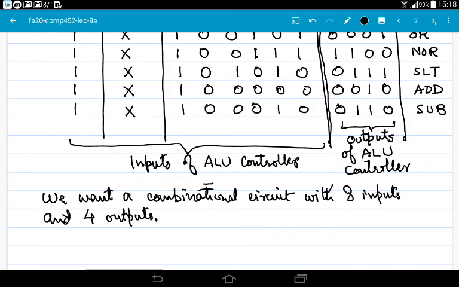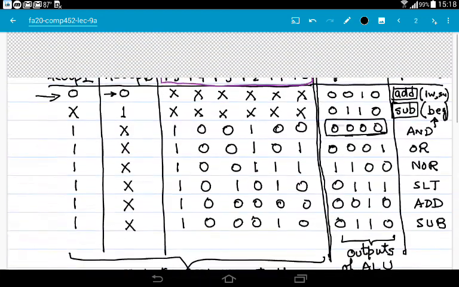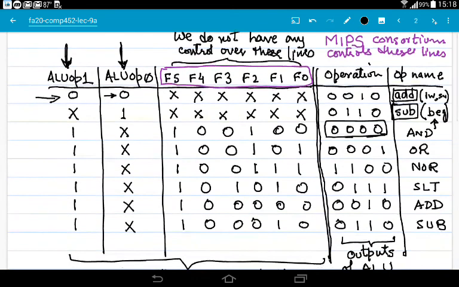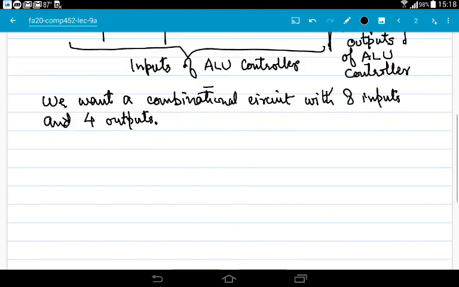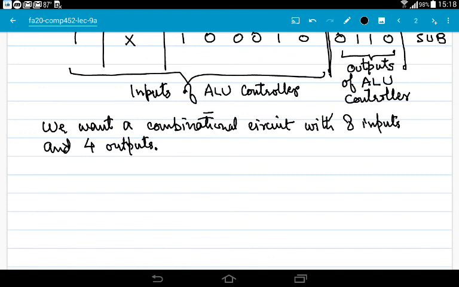Now it's not difficult to design. You can give this whole truth table to software tools which will simplify this truth table. The input to the tool would be this truth table, and the output of the tool would be a circuit which implements this truth table, and that circuit will be called your ALU controller.